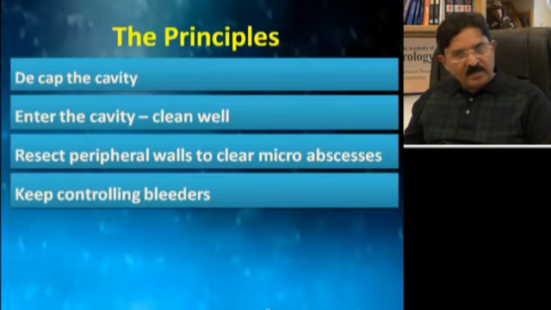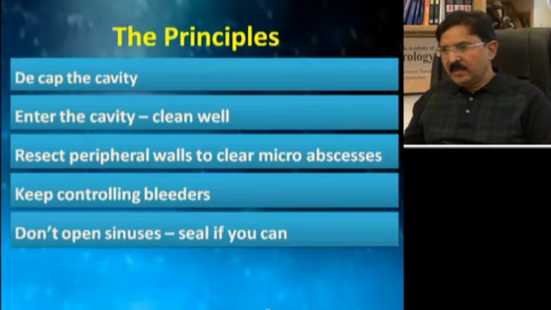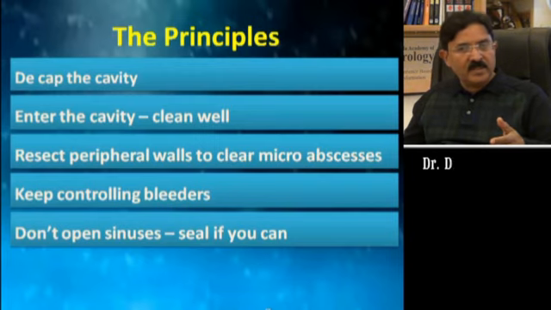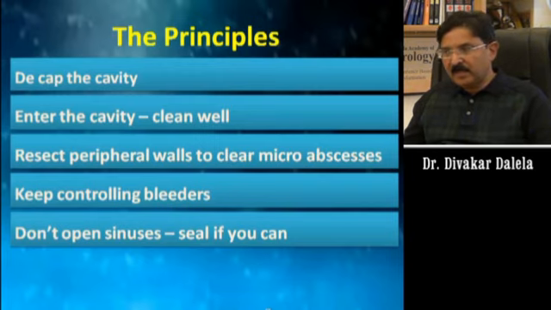You must keep controlling bleeders. Try not to open sinuses, and this is important here, because if you open a big sinus, the pus from the cavity will be going into the sinus, and you know what it means. It can cause severe bacteremia and septicemia.